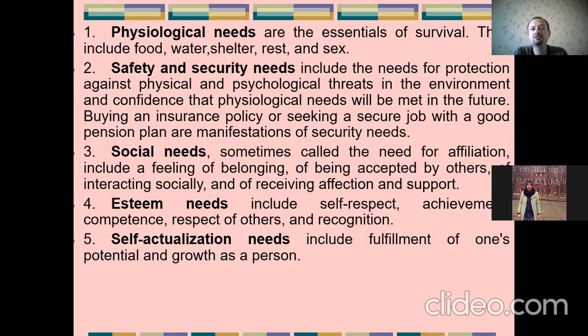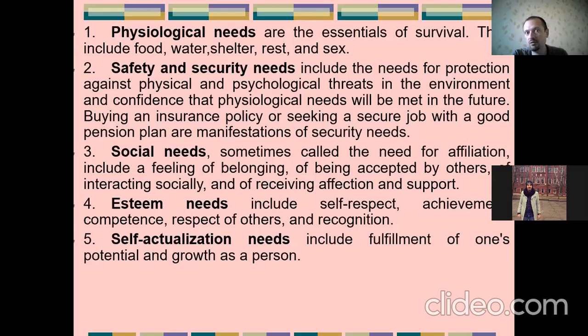Physiological needs mean that we are like animals, we need food, we need water. Safety needs mean that we want to have all our physiological needs satisfied, not only now but also in future, and also we want these needs to be satisfied not only for ourselves but also for people who are connected with us.